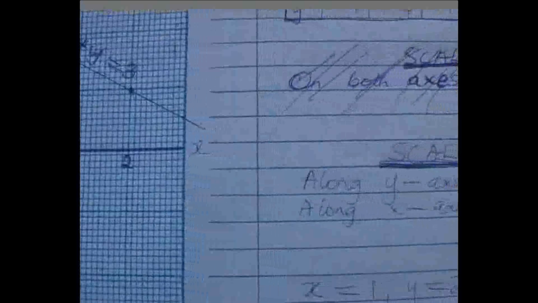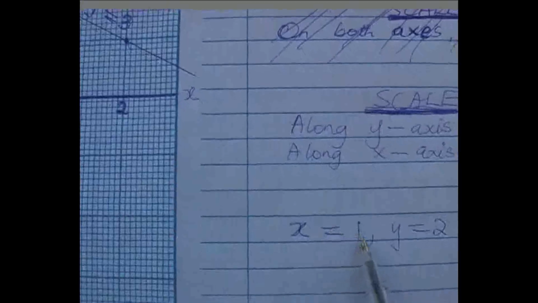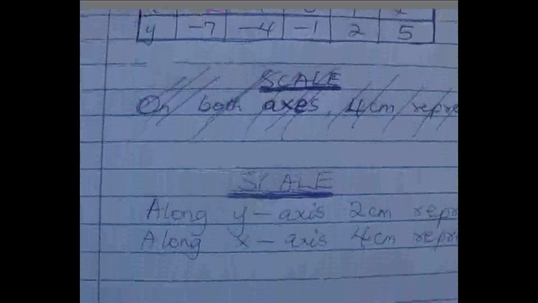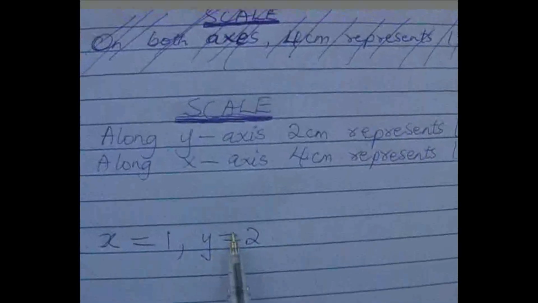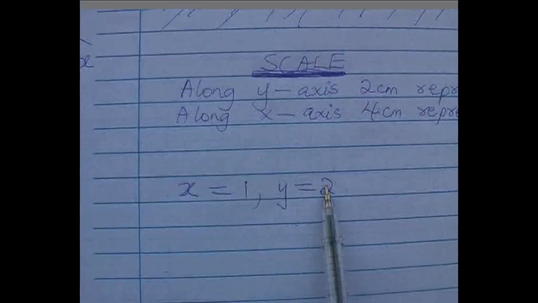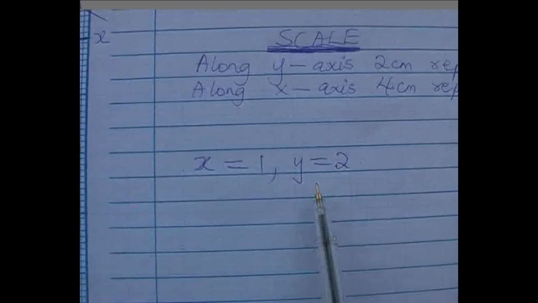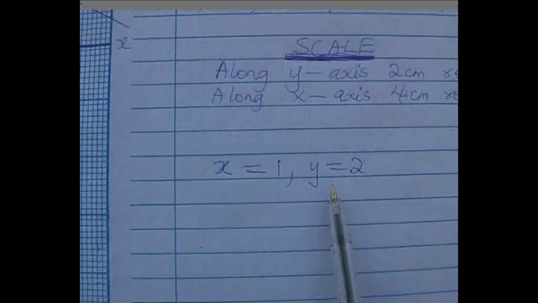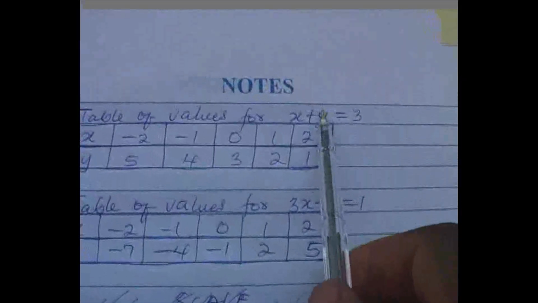That shows us that x is equal to 1. And if you trace the horizontal value, you'll find out that it meets 2. That shows that y is equal to 2.